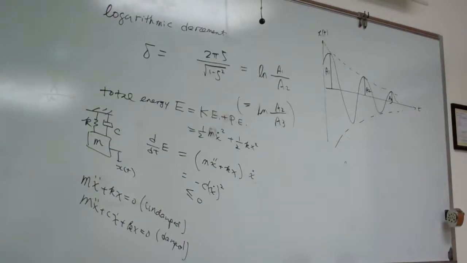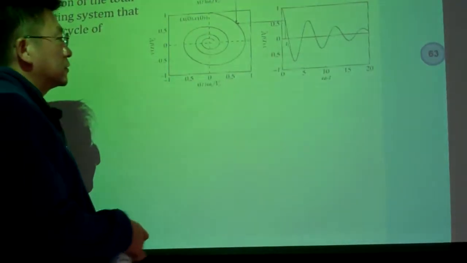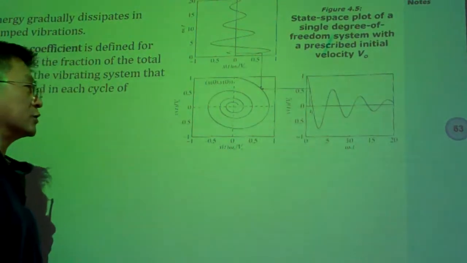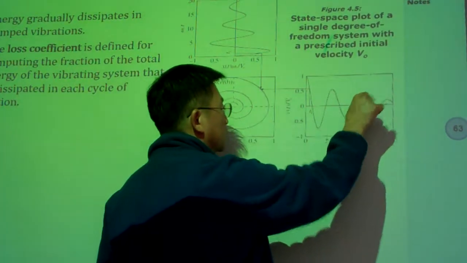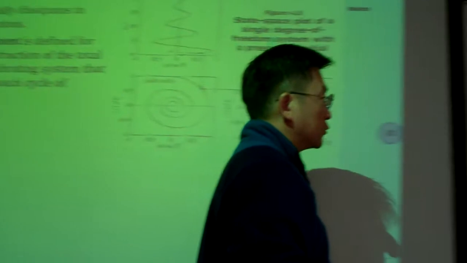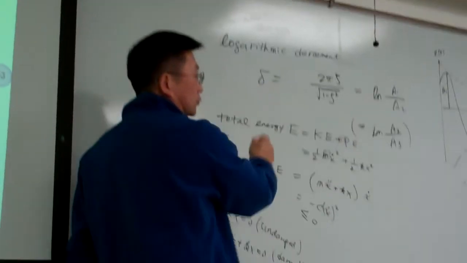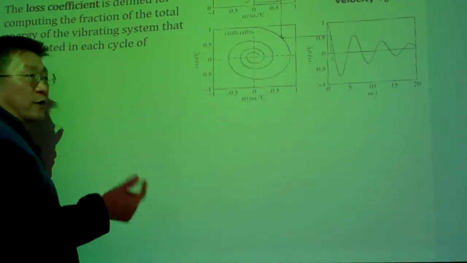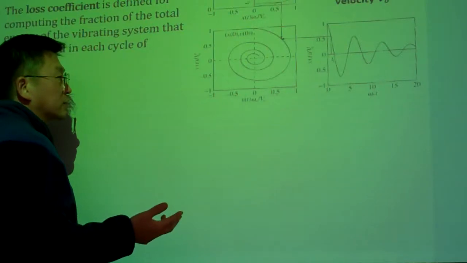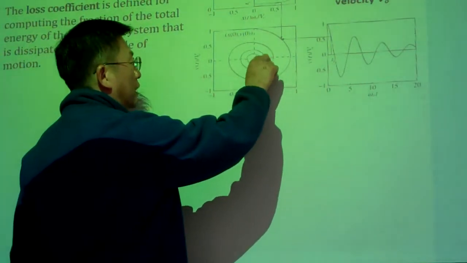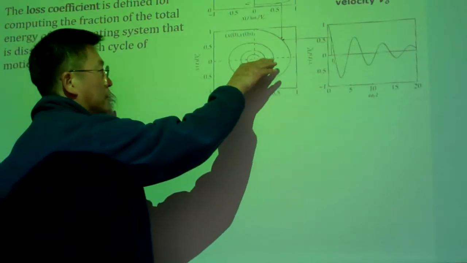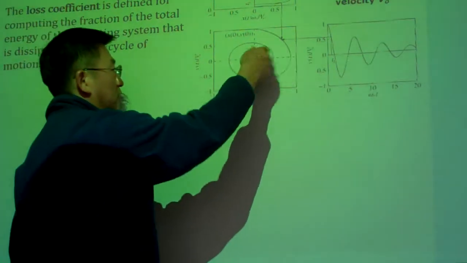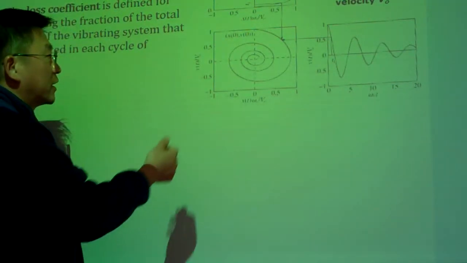Something like this. If you want to draw it as displacement versus time, then you can see the magnitude of the oscillation is decreasing in a regular pattern and follows this rule. Otherwise, if you want to draw the response in what we call the phase diagram, you draw a two-dimensional plot of displacement versus velocity, or scaled displacement versus scaled velocity.